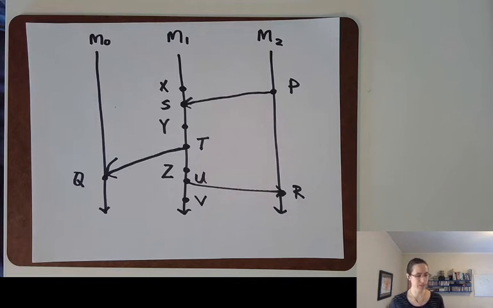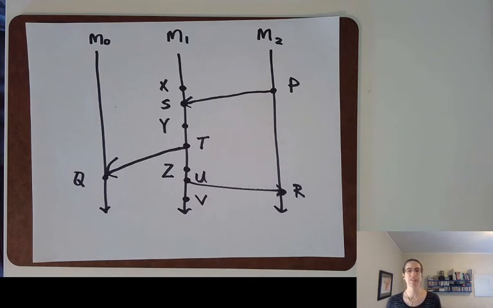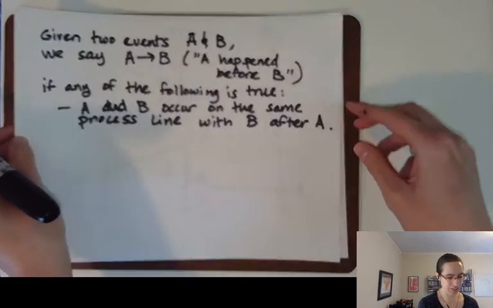One way for us to say that one event happened before another is let's look at U and R here in this picture. U is a send and R is a receive, so U had to have happened before R, right? You can't receive a message before it was sent. And we are writing the definition right now.